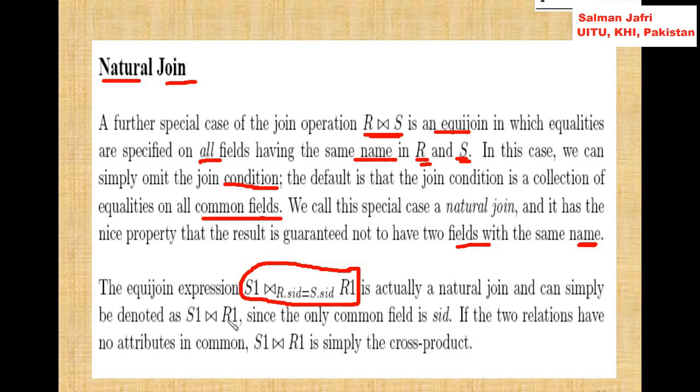So we could have simply written S1 joined with R1, since the only common field is SID. So what happens if there is no common field in S1 and R1? Or in general, what happens if we join two relations and those two relations do not have a common name? The simple answer is we get a cross product.